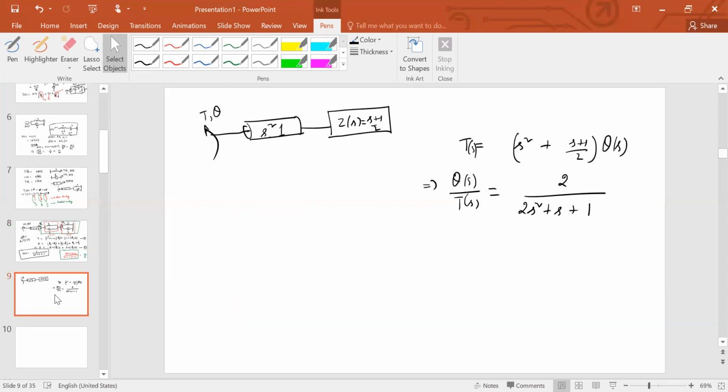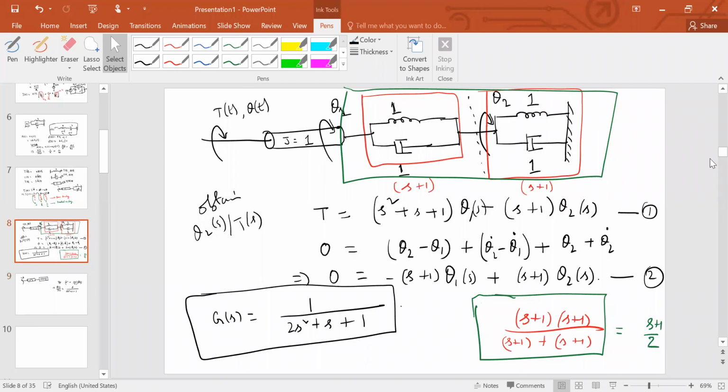What you then resort to is as follows. Notice that because the torque applied across these are identical, suppose now you call it, remember this theta1 and this theta1 notation will not be the same. This theta1 notation is basically the entire theta here.